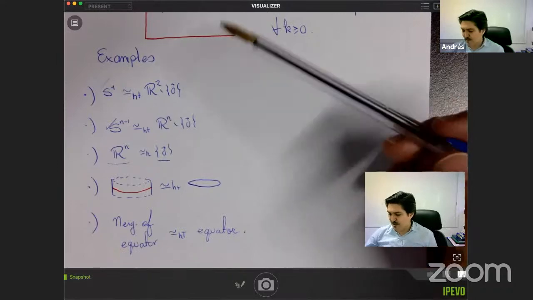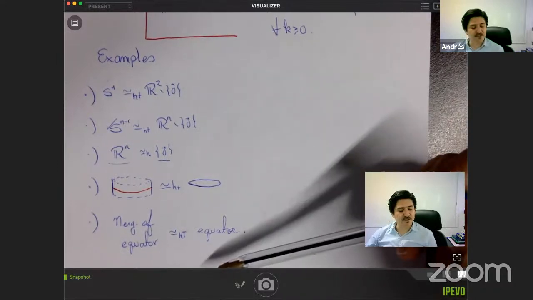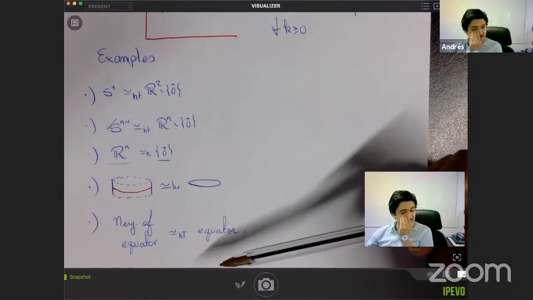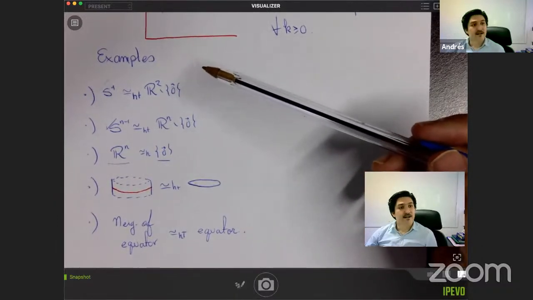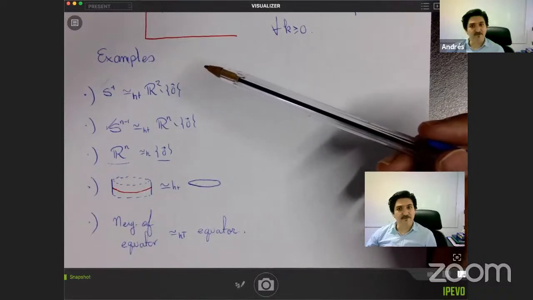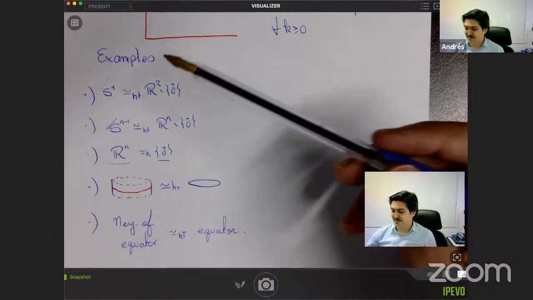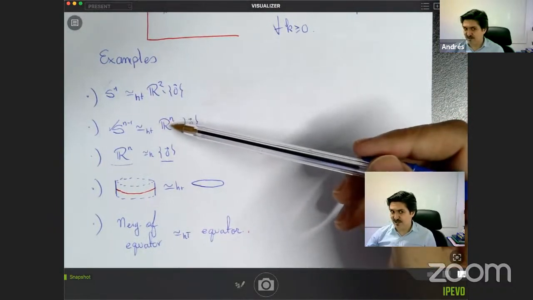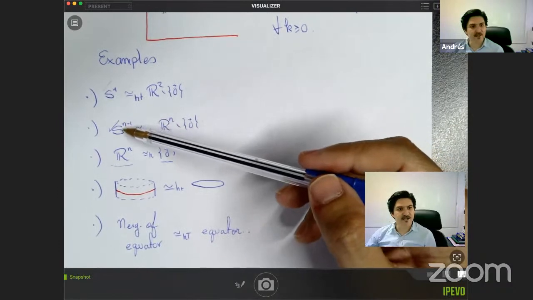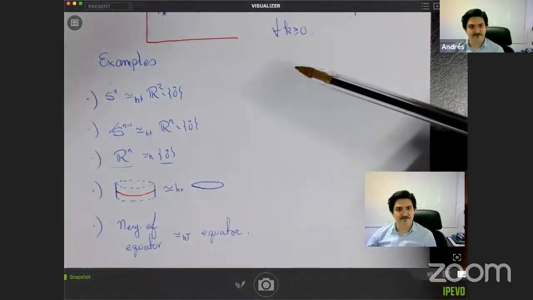some observations about this list of examples that we worked out explicitly. You can have examples of manifolds that have the same homotopy type, and the dimension doesn't have to match. Here, dimension 2, dimension 1, dimension n, dimension n minus 1, and so on.